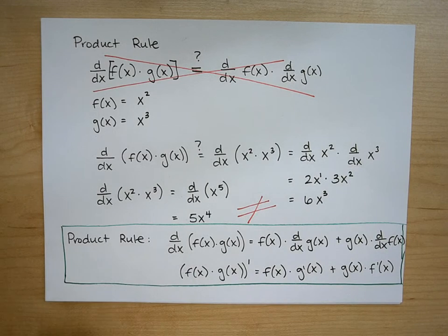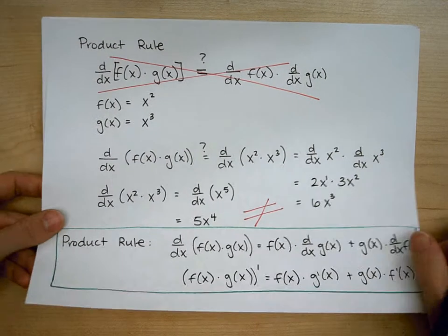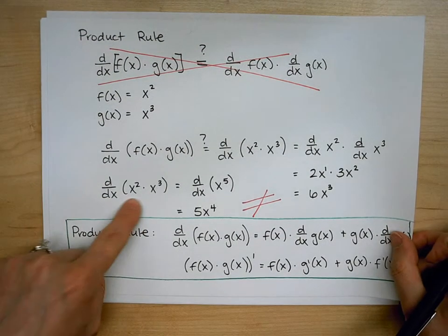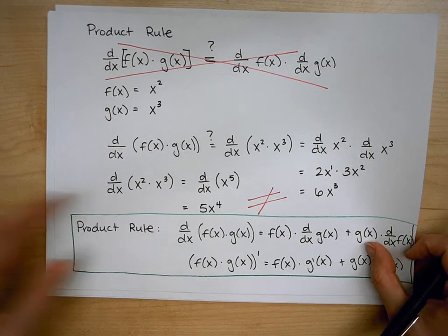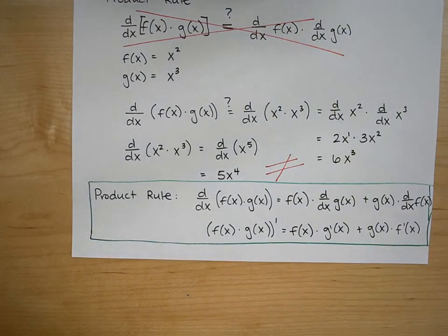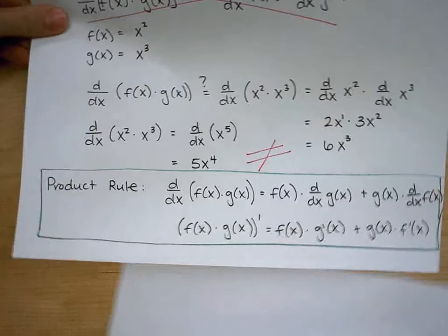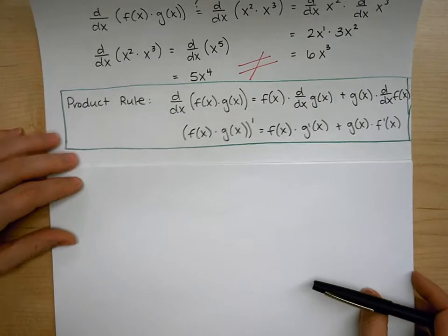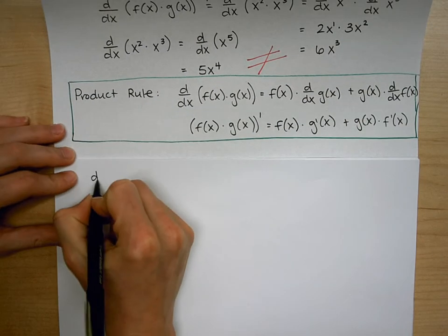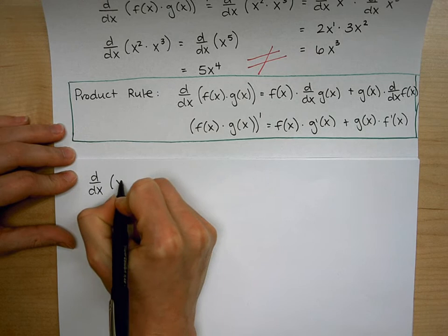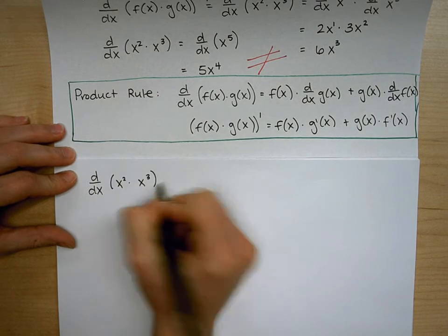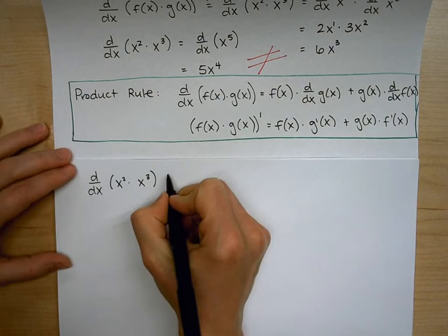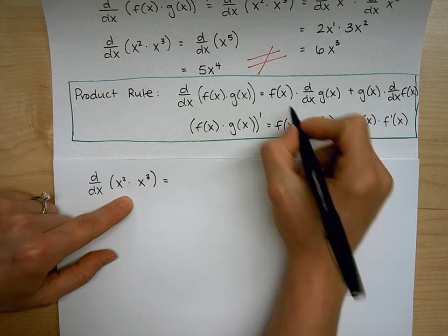Okay. Now that we have what the actual product rule is, let's go ahead and try this again and see if we do come out to get 5x to the fourth. So I'm going to again try to take the derivative of x squared times x cubed. So using the product rule, I see that I have the first thing.